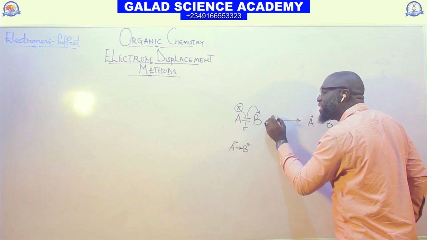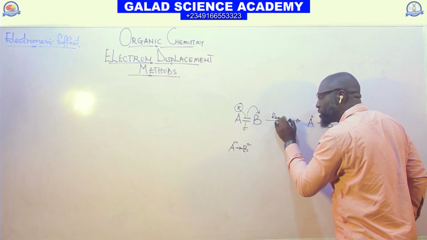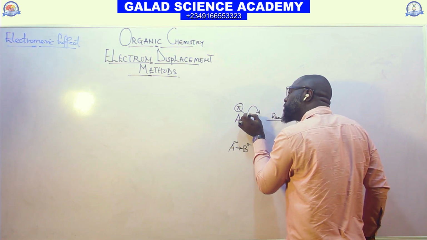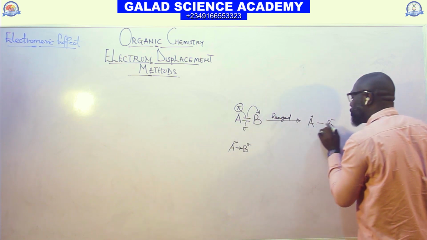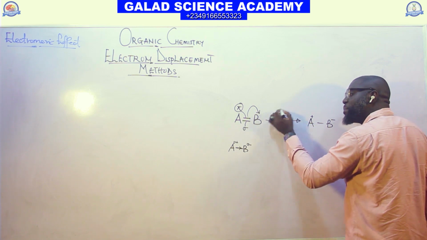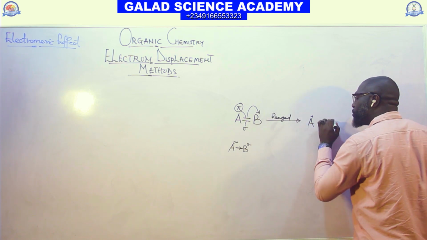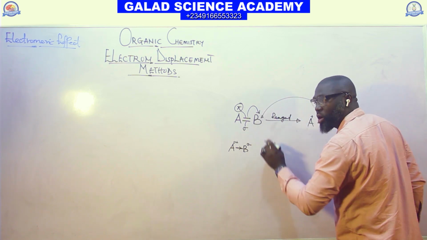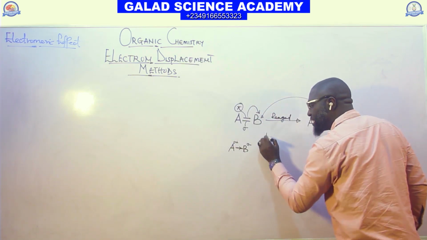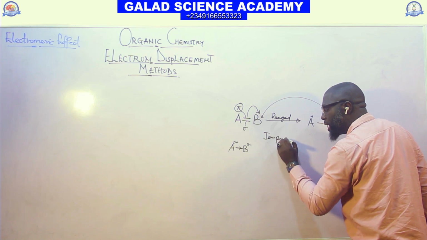What is the force? We have a reagent here. The presence of this reagent makes this pi electron shift to B. If I remove this reagent, this structure will go back to the original. As a result, the electromeric effect is a temporary effect.